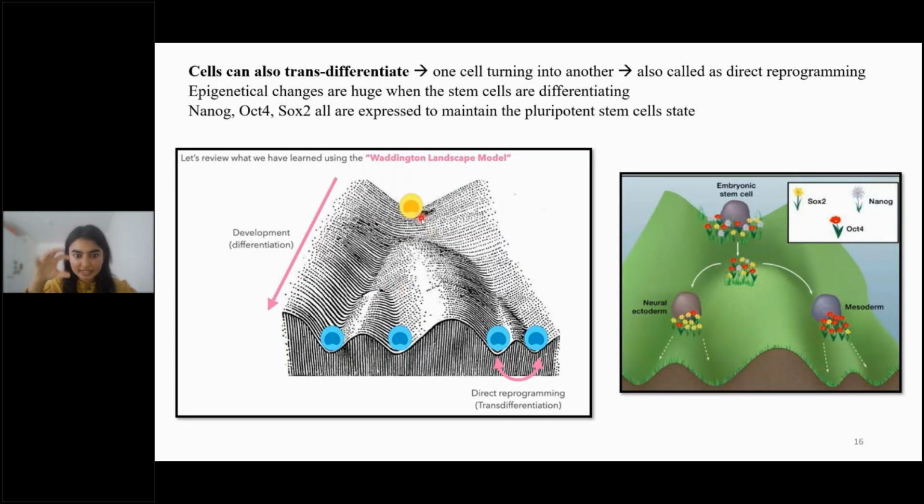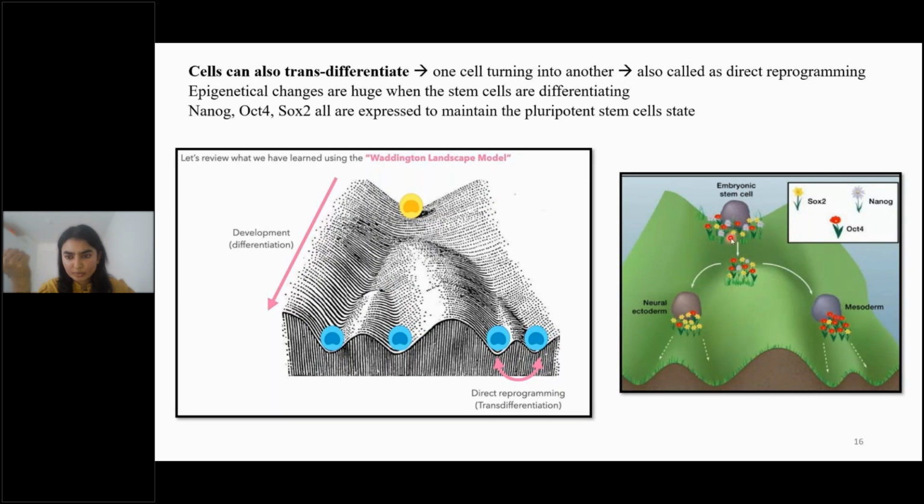Now if we leave the stem cell, depending upon the protein concentration and how the regulation is there, it's going to be differentiated or not differentiated. Similarly, on the right-hand side, you can see there is an embryonic stem cell, or the inner cell mass cell, basically. They have everything.